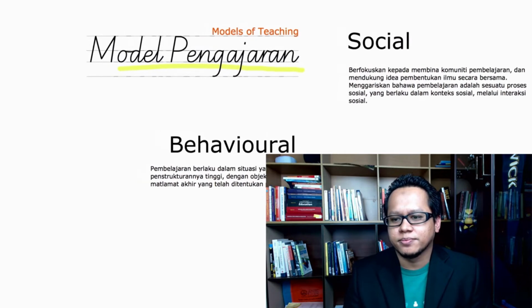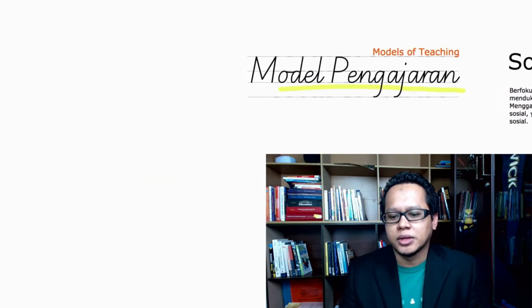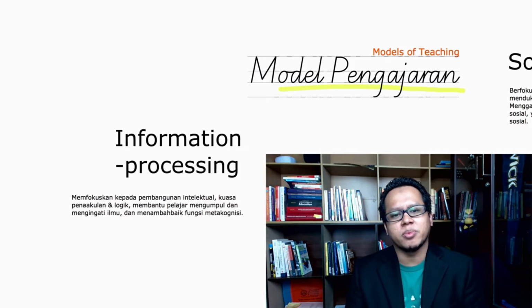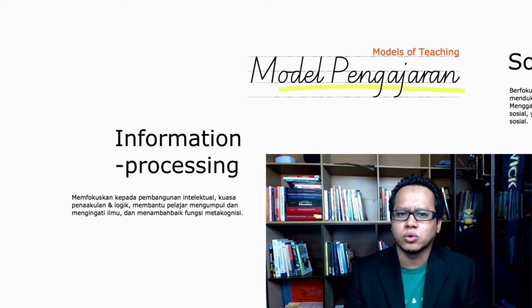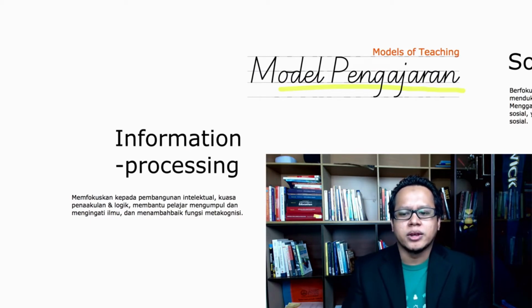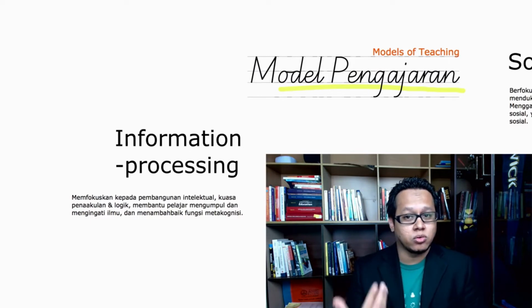The next, the fourth dimension is information processing. Okay, dalam information processing ni dia memfokuskan kepada pembangunan intellectual, okay, kuasa penaklukan, reasoning skill and also logical thinking. Dan ianya membantu pelajar mengumpul dan mengingati ilmu dan juga menambah baik fungsi metakognisi.